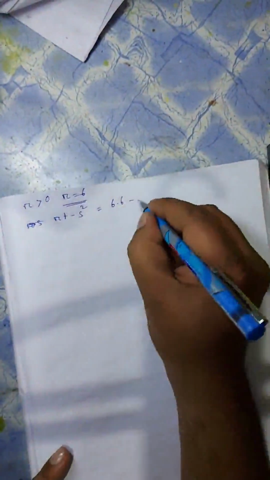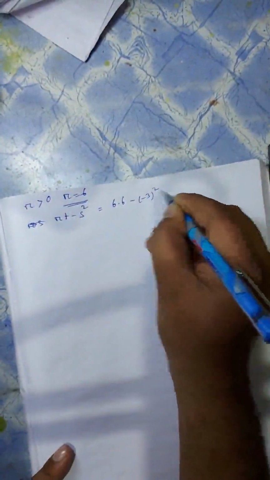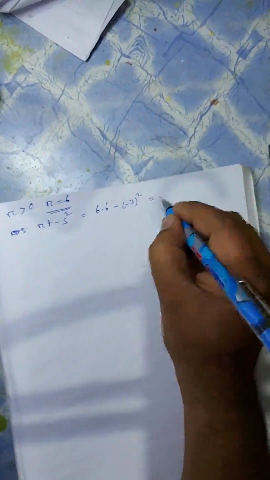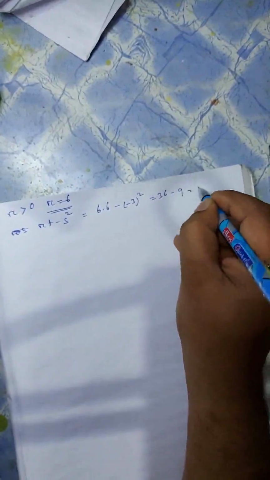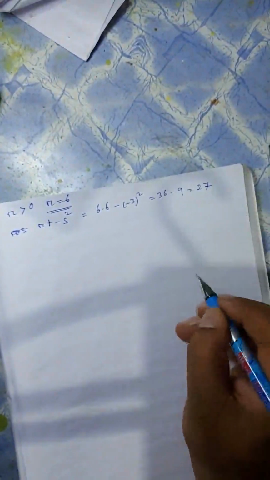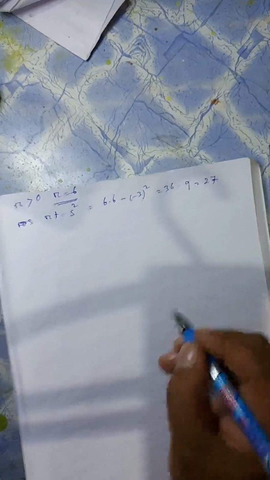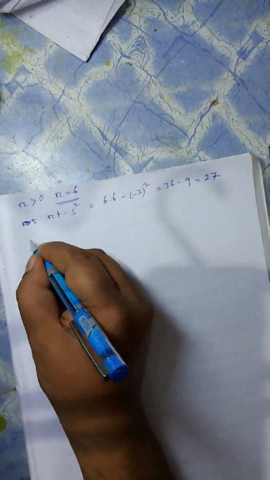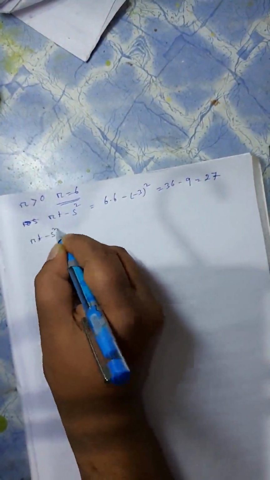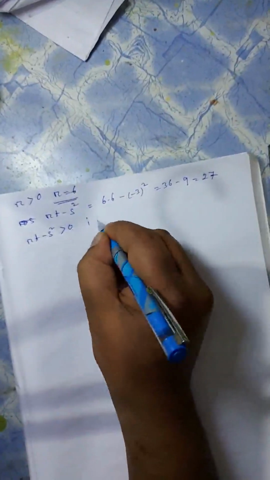S is minus 3, the square is 9. So 36 minus 9 becomes 27. That means rt minus s square is greater than 0, 27, and also r is greater than 0.